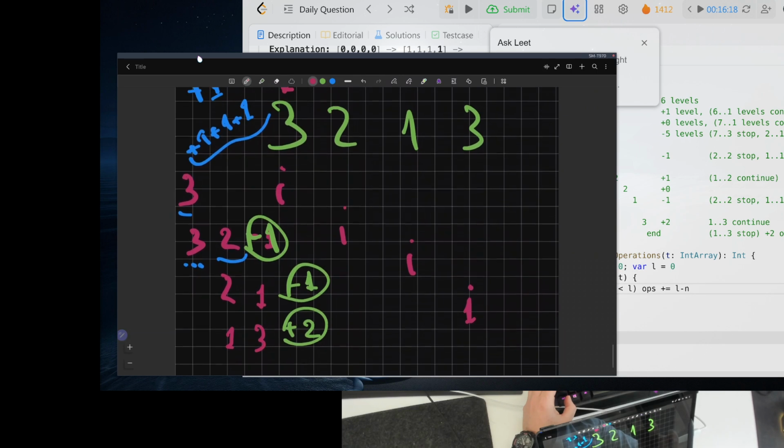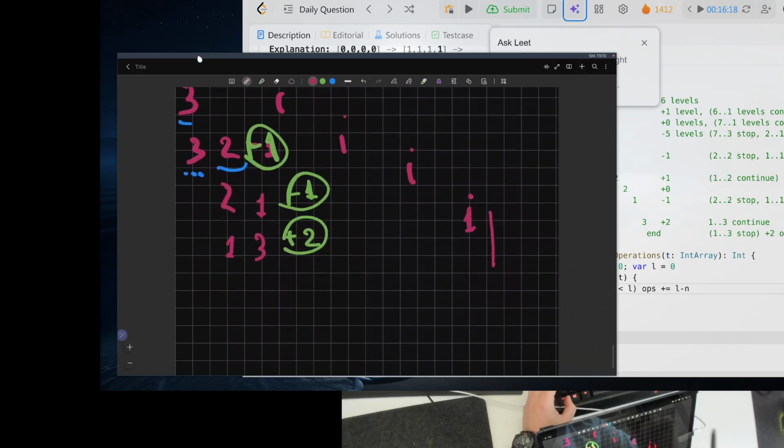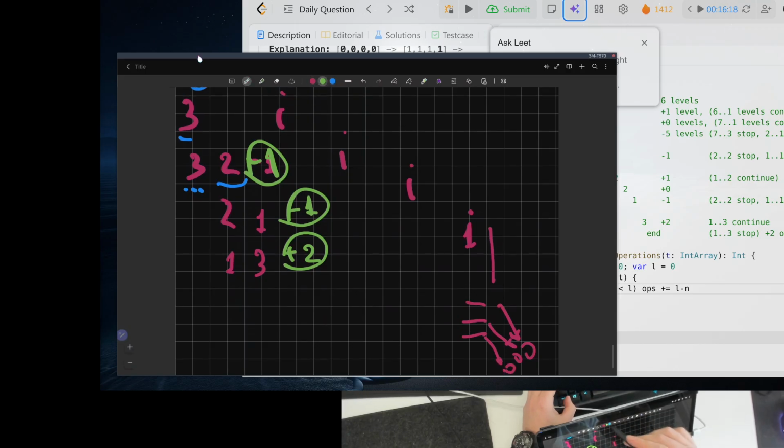And after that, we are at the end of the array, and we can see that we have 3 levels going on, and each of them jumps to 0 because each island ends here. So this is like -3.